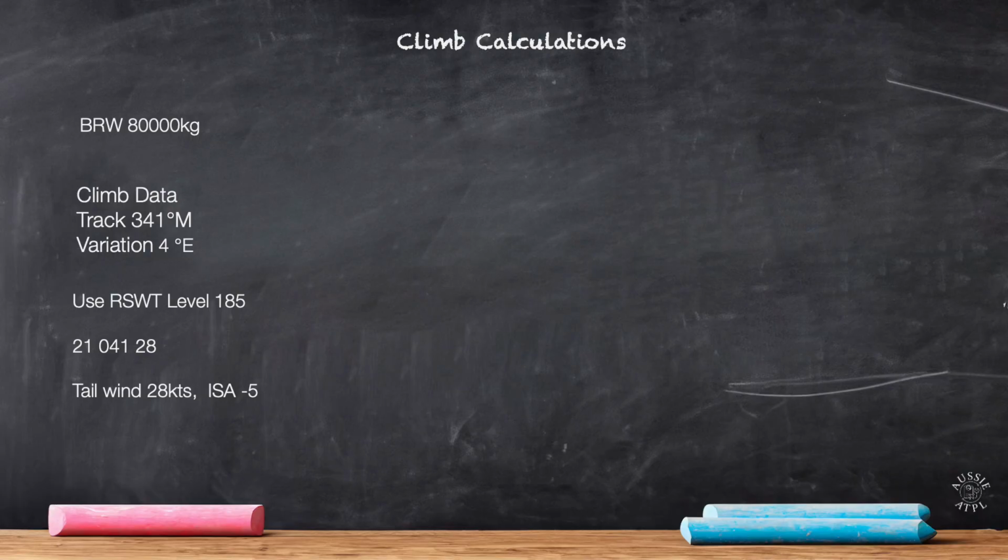There's no need to interpolate between them, we just pick this one and that's all we need. Using your whiz wheel, you should find a tailwind of 28 knots, and since we have an ISA deviation of -5 degrees, and the handbook doesn't have any data for negative ISA climbs, we will just simply use the climb data in ISA conditions.